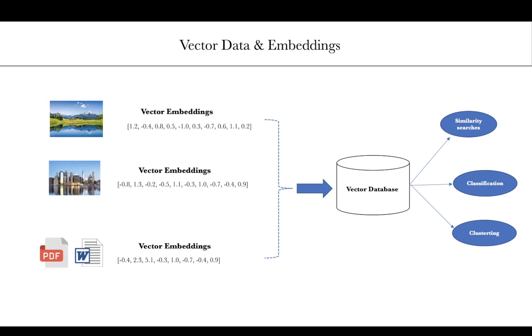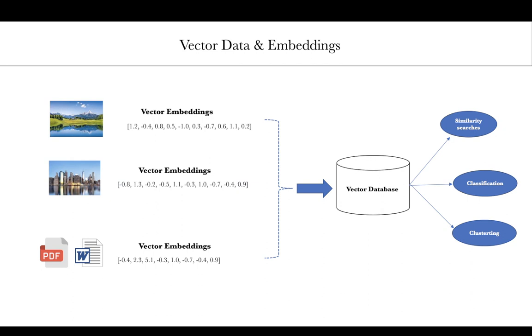Lastly, we have clustering. Here we group embeddings to identify natural clusters in our data, enabling us to uncover patterns or groupings without needing predefined categories. This entire process, right from converting raw data to embeddings, then storing these embeddings into a vector database, and onto AI-powered analytics, is foundational for modern AI applications, driving the intelligent solutions that we rely on today.